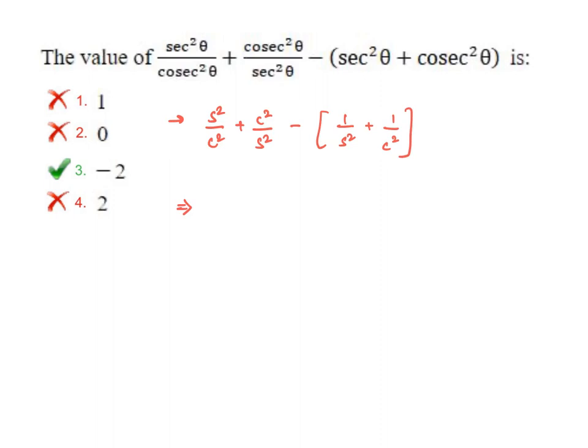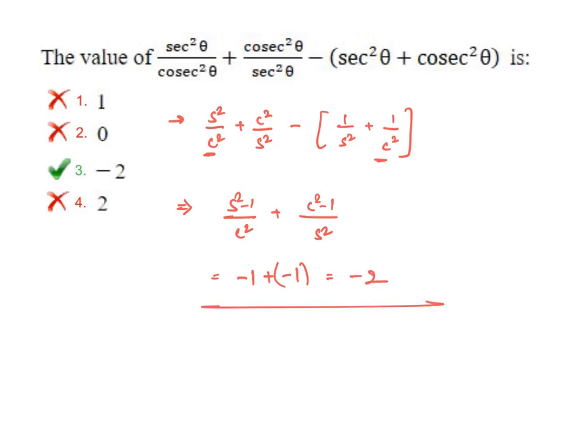So you can write it as cos square you common, sin square minus 1 by cos square plus cos square minus 1 by sin square. So anyway this you are going to get minus 1, this is also minus 1, so this is minus 2.